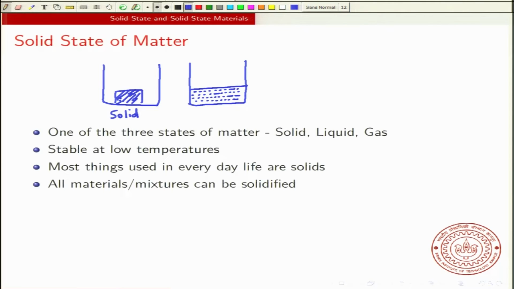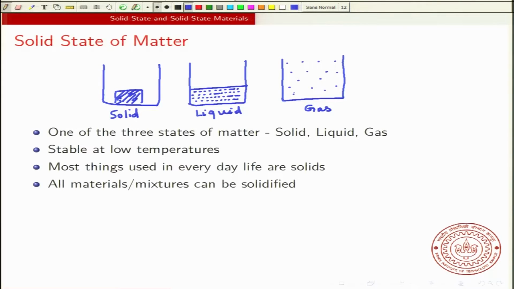So, that is your liquid and it will take the shape of the container. A gas, on the other hand, has relatively few particles, and so you will find the gas particles all over the container, and like a liquid it will also take the shape of the container, but you will find that there are very few particles in the gas.